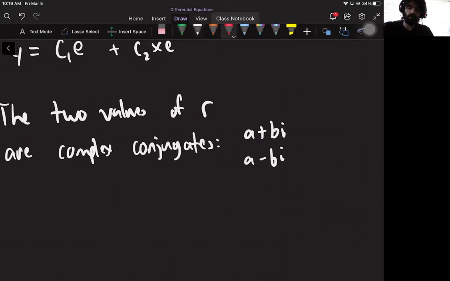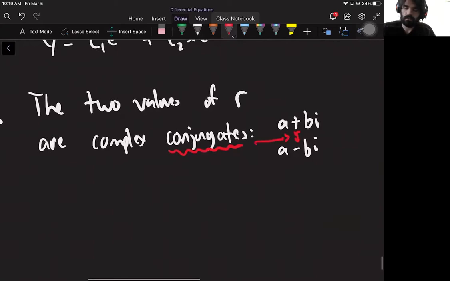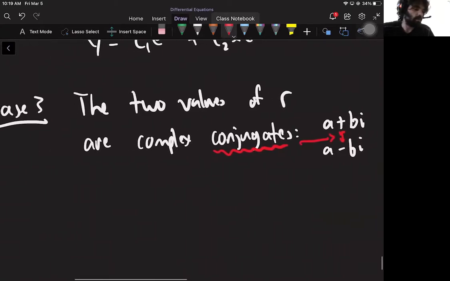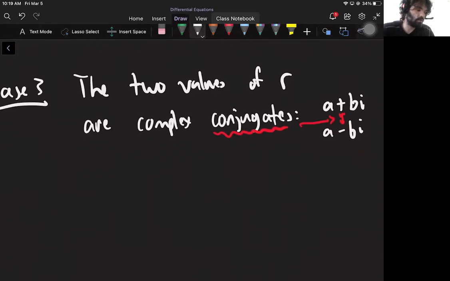And that's what conjugates mean. It means that they're the same, but you have one that's a plus and one that's a minus. When this happens, it means you are probably going to use the quadratic formula. And then you'll see how this occurs.